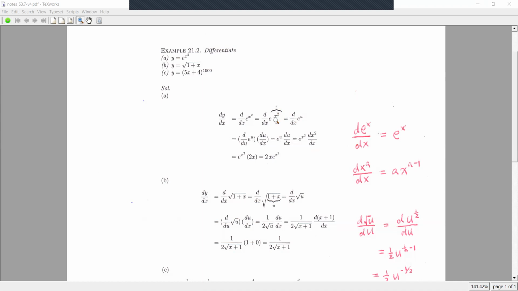So I plug in x squared for the u here to get this equation. Now, derivative of x squared with respect to x is 2x. Then move 2x to the front. This is the answer of the derivative of the function in part A.